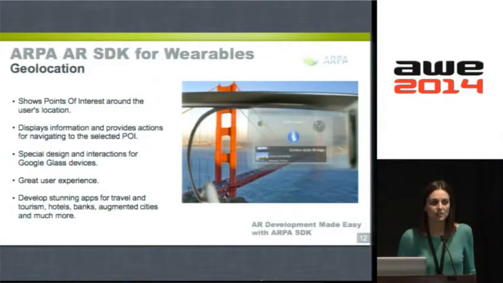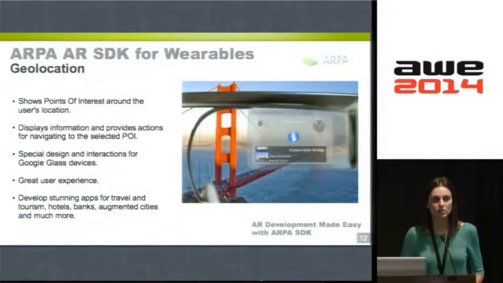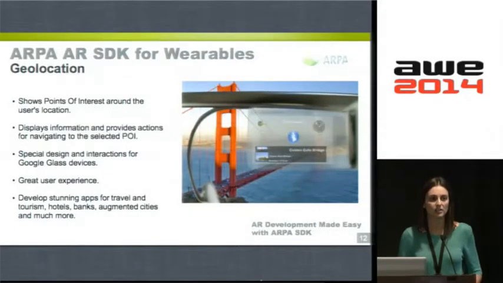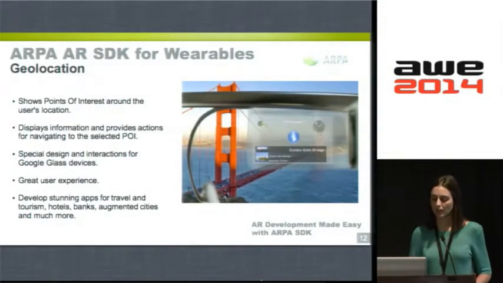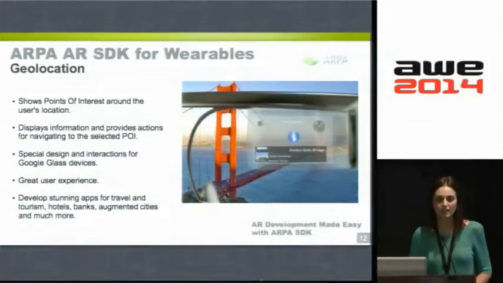As it has been specially designed for the Google Glass device, the user can look around and find additional information and actions about the point of interest. This is really appropriate if you want to create augmented reality applications for tourism, travel, hotels, banks, augmented cities, and much more. So I will show you a demonstration of how an app created with this SDK works.